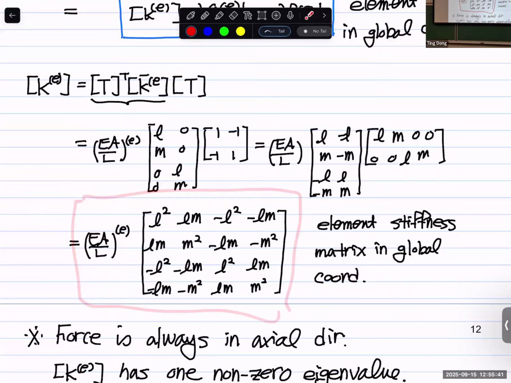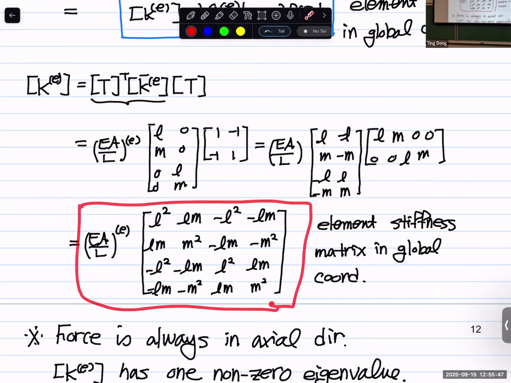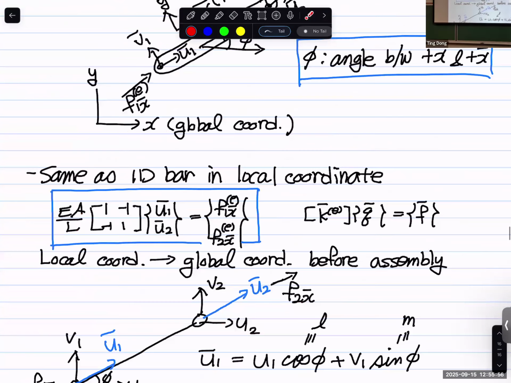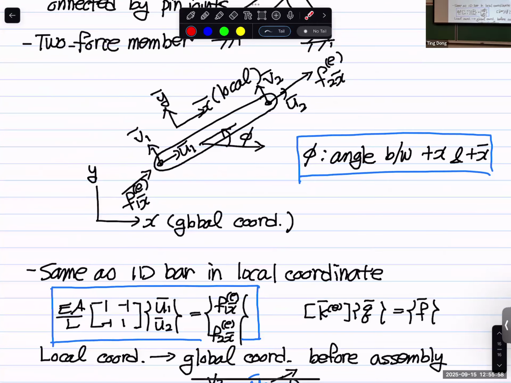This is the K matrix for the 2D plane truss. And of course, we will provide this one in your exam. You don't need to memorize anything. But the thing you need to be careful about is that our derivation of this K matrix is based on the assumption that our angle phi here is from global to local, counterclockwise.